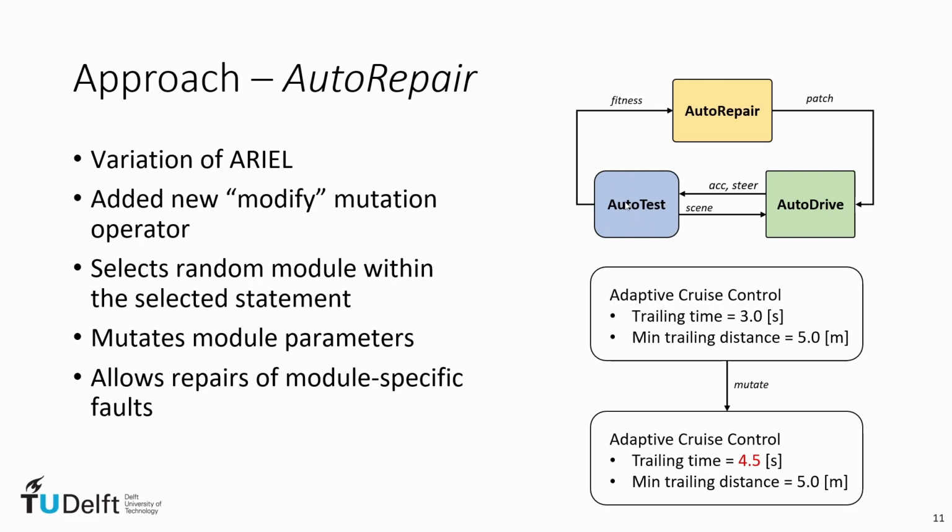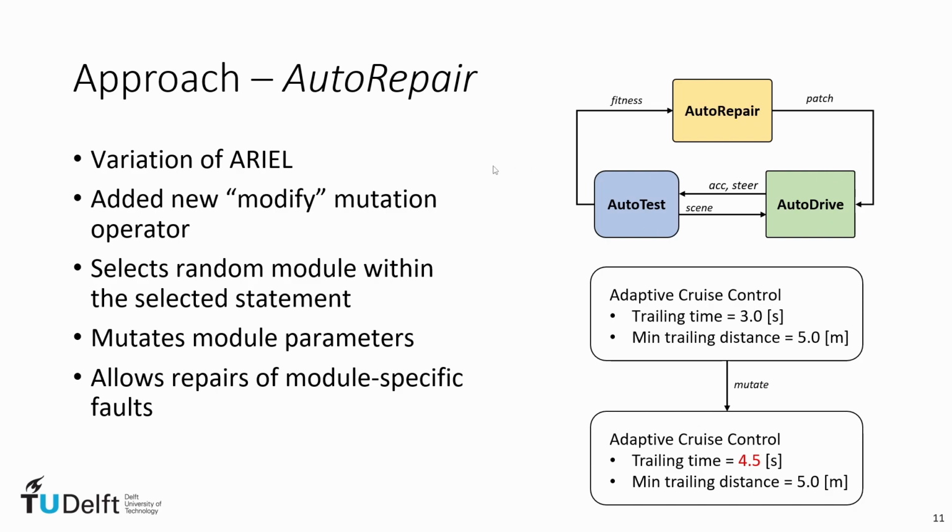It will run it on AutoTest, and AutoTest will give this version of AutoDrive a fitness value. Then AutoRepair will try to mutate the rule set of AutoDrive and create a mutant that is then again run on AutoTest. It gives a fitness back, and it does this process just like Ariel, trying to find a patch that is able to pass all test cases.